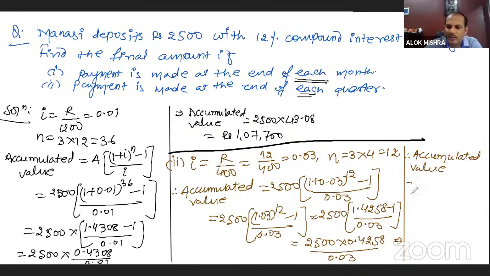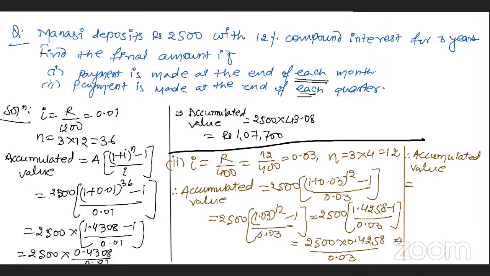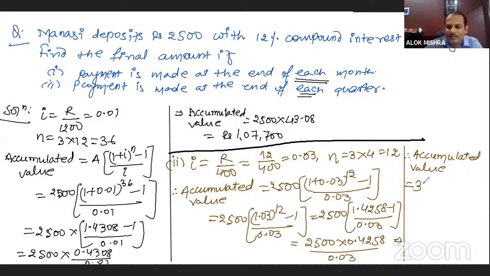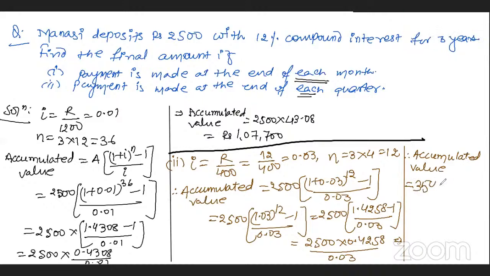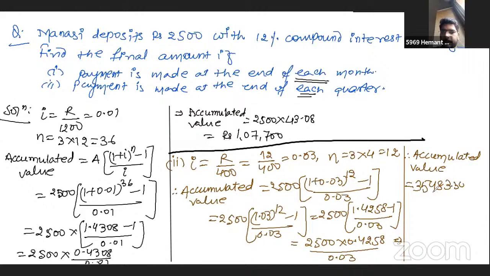Therefore, accumulated value is how much? Final answer? 35483.33. Fine. Approximate value.